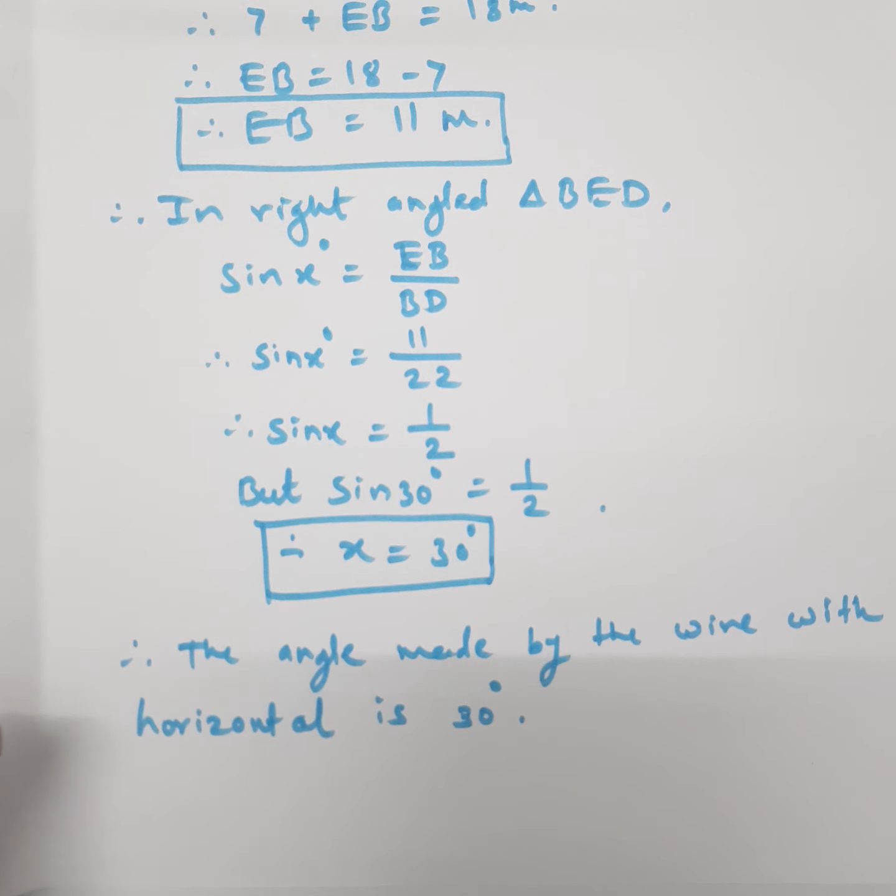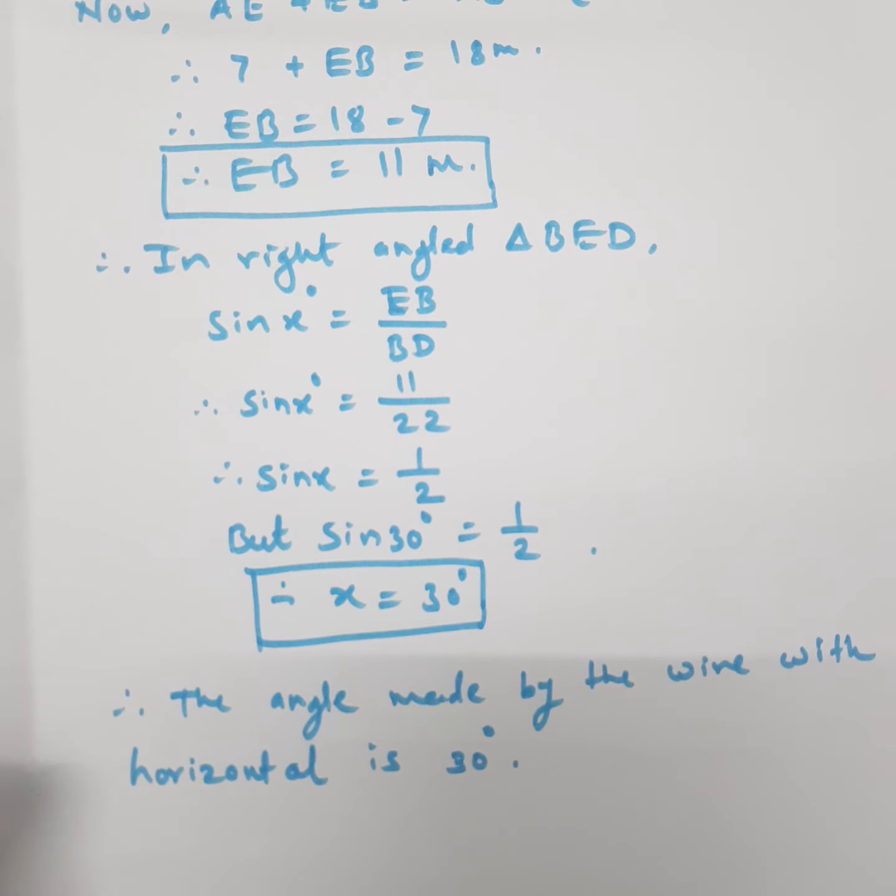Then, by using each sentence, we have to construct a rough figure for the example, and in that figure, by using trigonometric ratio, we can solve the example and find the things, length or angle, which we have been asked to find.